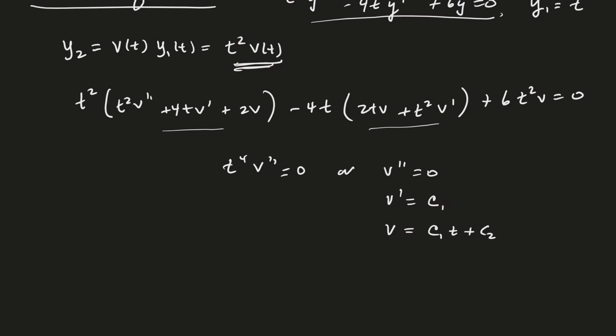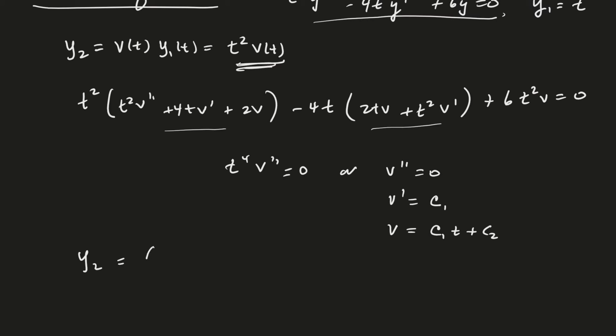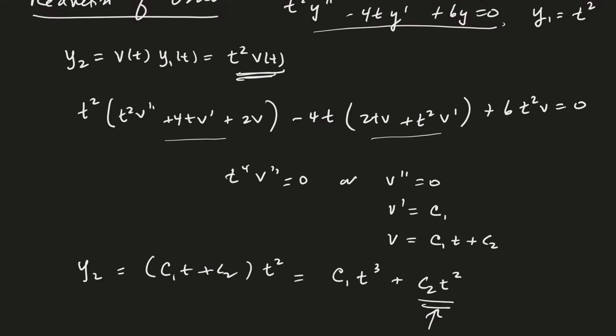So what's the interpretation of that? Well, that means that y2 is equal to c1t plus c2 times t squared, right? And so if you multiply that out, you get c1t cubed plus c2t squared. Now this part is actually already taken into account in y1, right?